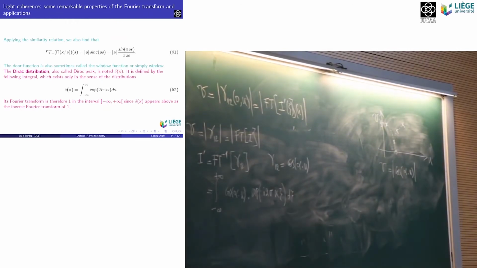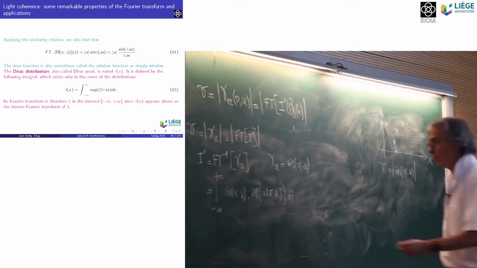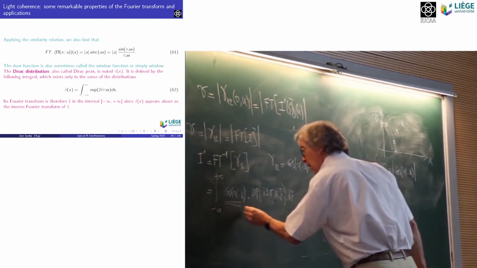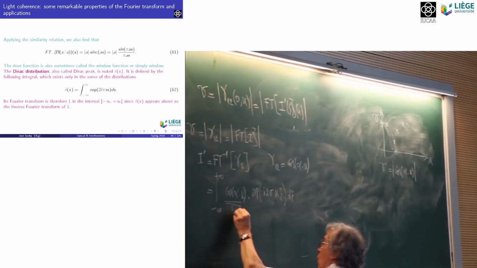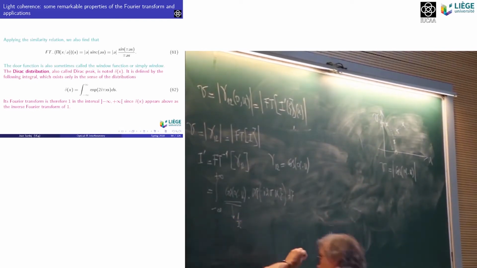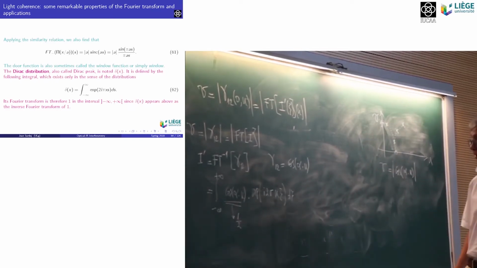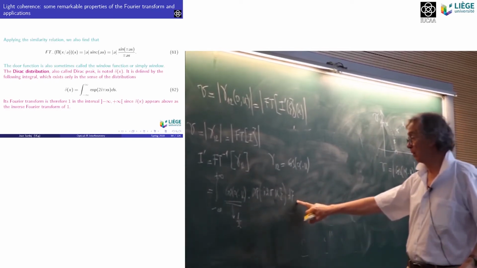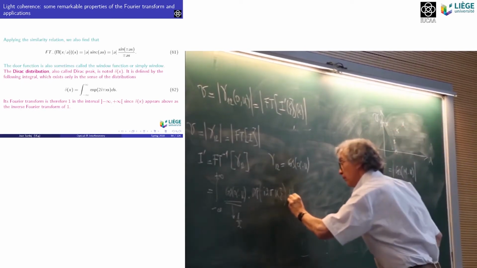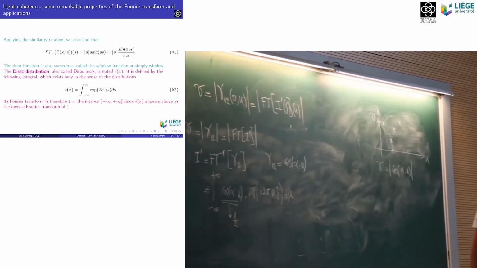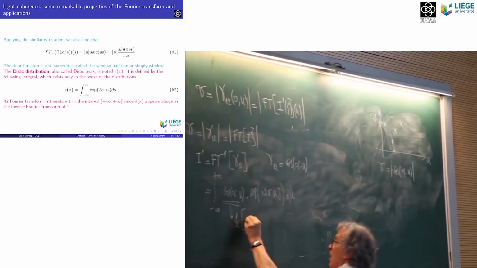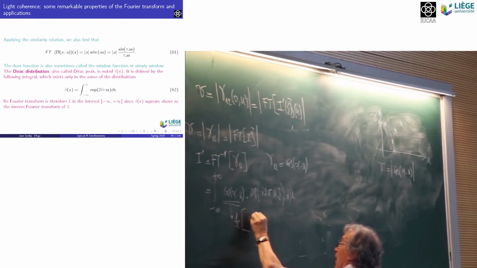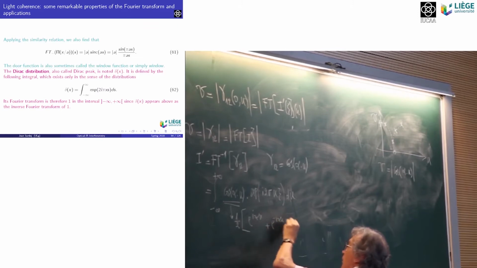Okay, now how to go on? Well, to go on, I would do the following. I would say cosine is equal to 1/2. Sorry? Instead of dz, du? This is a du, yeah, it's a du. So the cosine is equal to 1/2 of e to the i alpha u plus e to the minus i alpha u.